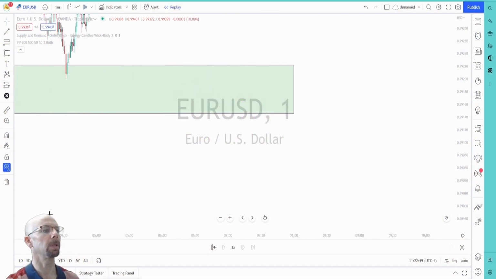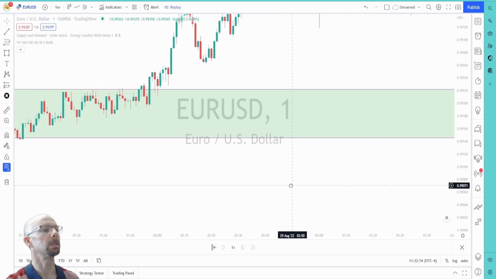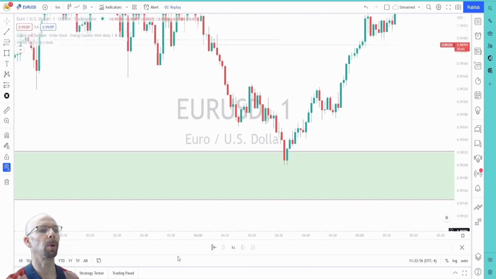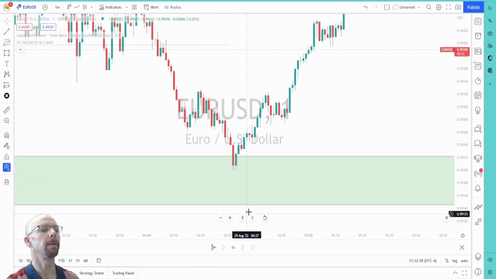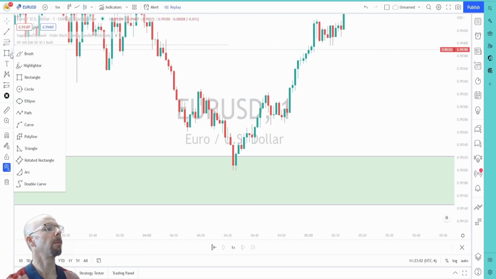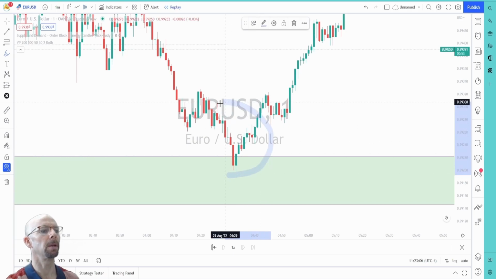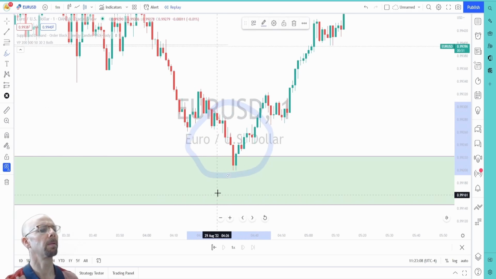So when we start with this, you can see our area was marked off and price came back into the area, and so it comes into this area, and here.